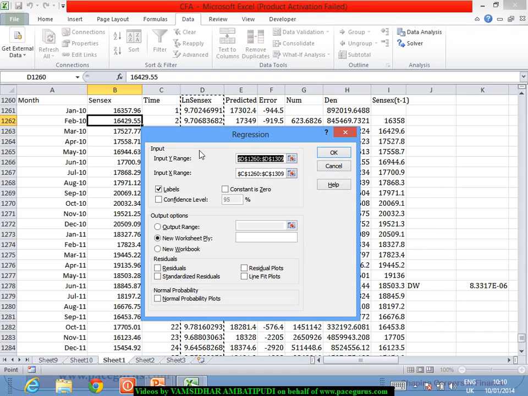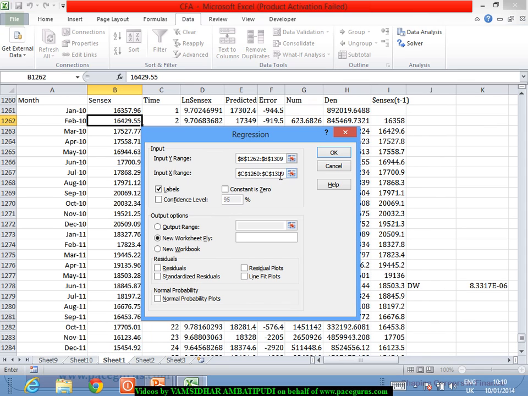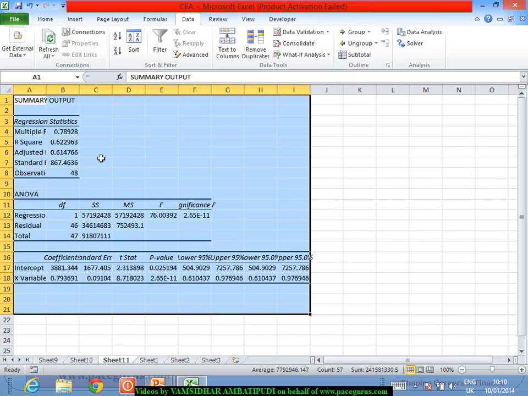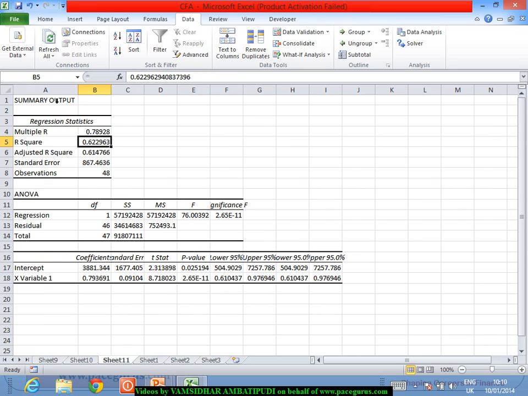The dependent variable this time is from here to here, and the independent variable this time is from here to here, and I don't have labels this time. If I do this, okay, here we see the R squared has come out quite comfortable this time, and even the equation has come out this way.